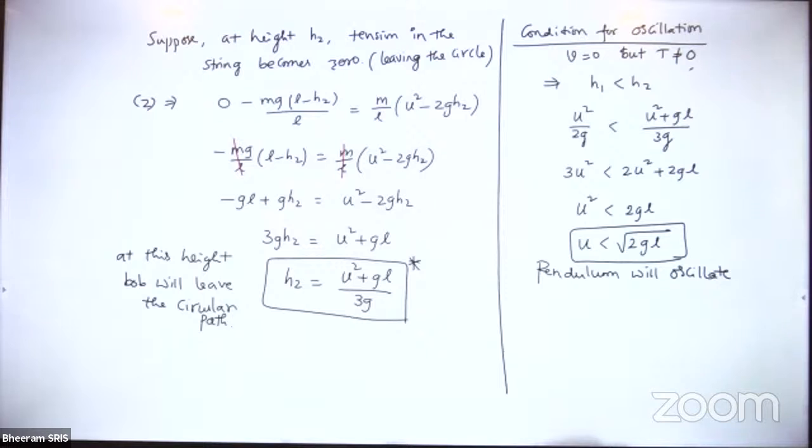Wrote down? Better to write down till H2, then try for the H1, H2 relations: condition for oscillation and condition for leaving the circular path.